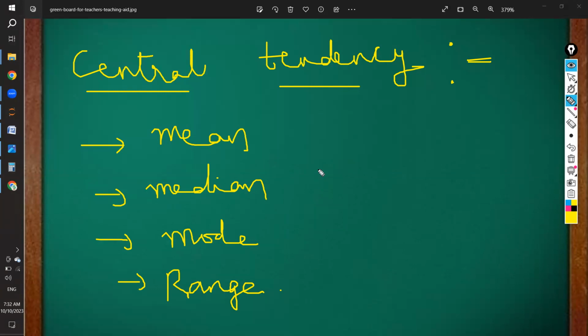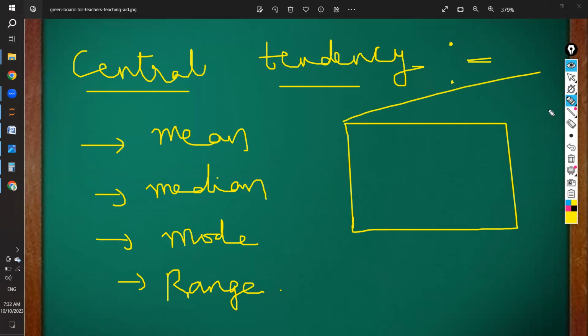Now, why are these called central tendency? See, for example, there is a school, and you have many classes. Let's say there is one class, fifth A. Now a teacher enters this class, and let's say you are the monitor of the class.